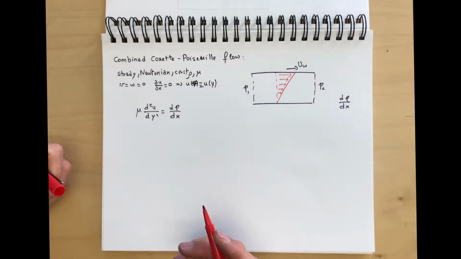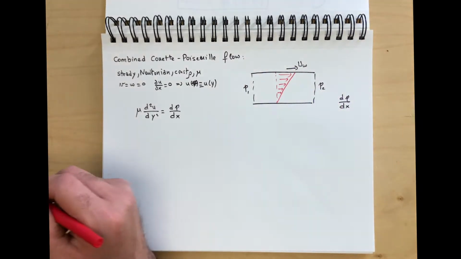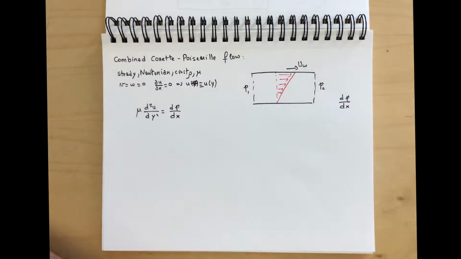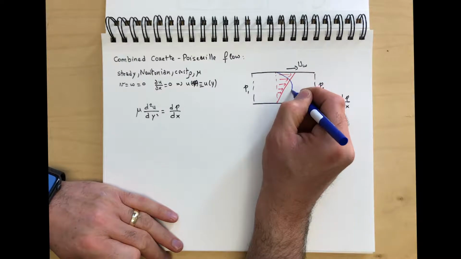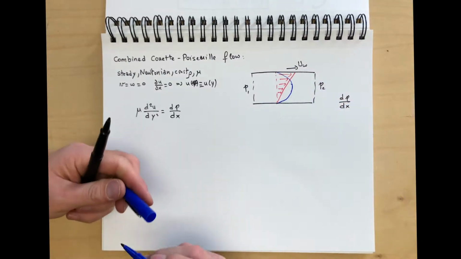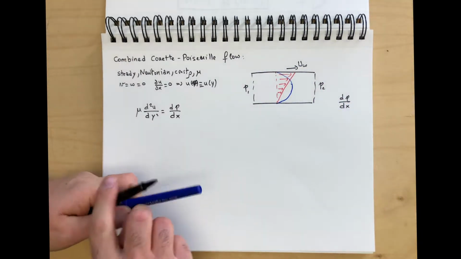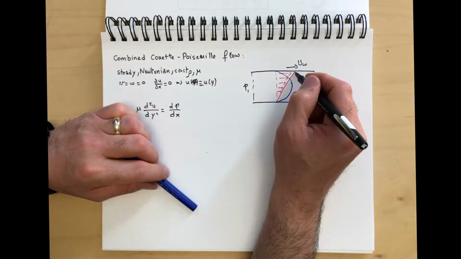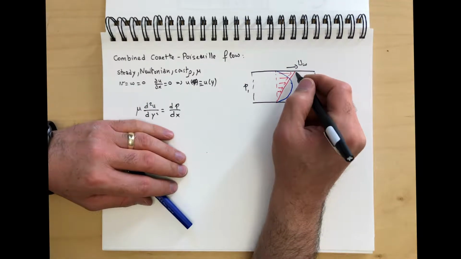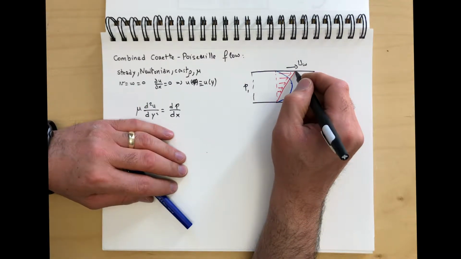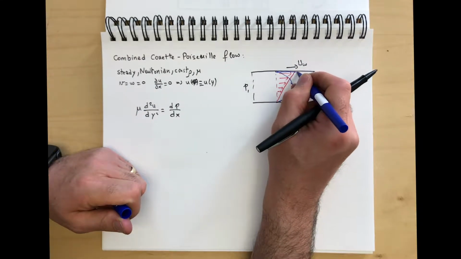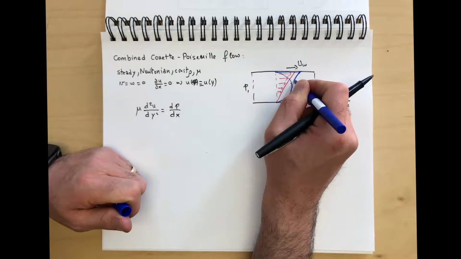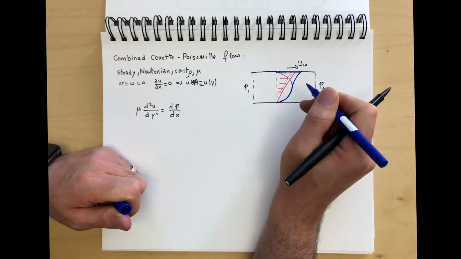And if we didn't have the plate moving, we're going to have a Poiseuille type problem, where the velocity profile is going to look like this. Now, when you combine the two, you're not simply adding the two profiles, but you're actually dragging these fluid parcels along with the plate, and then you're going to have something like this, possibly.